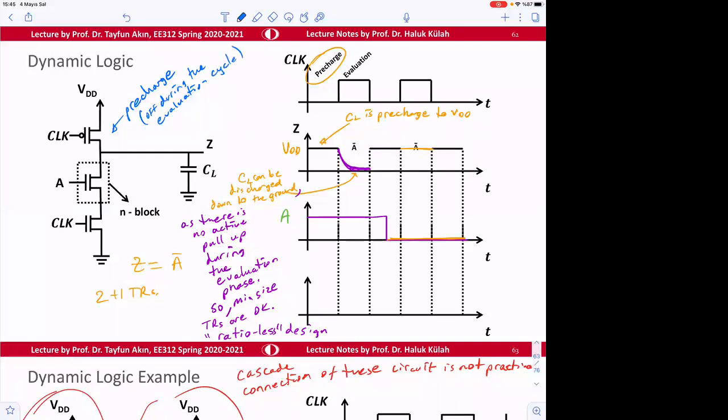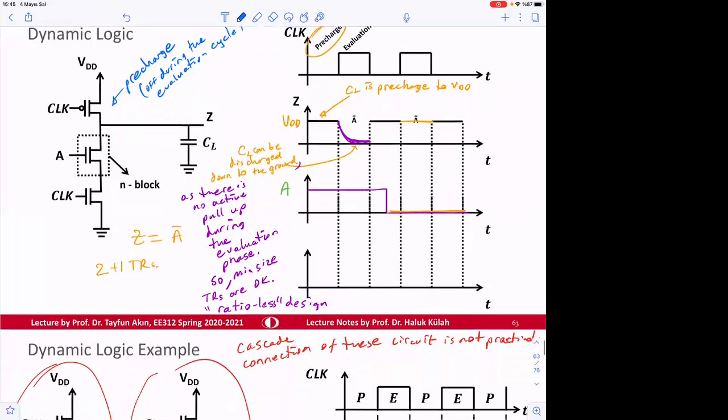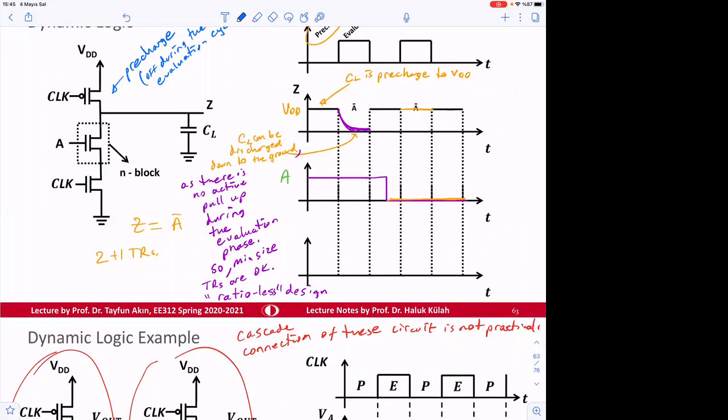So that's an advantage. With the help of this advantage, output can reach down to 0 volt. Okay. CL can be discharged down to the ground.